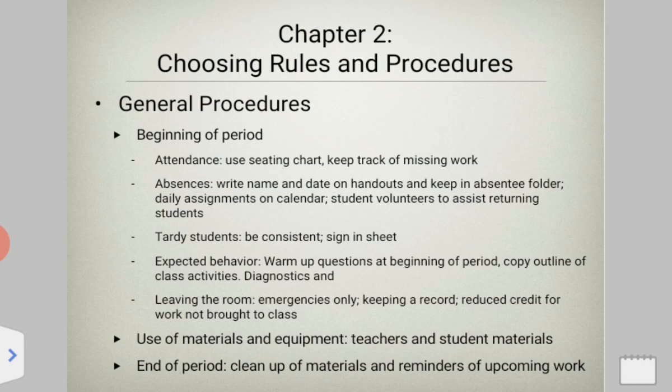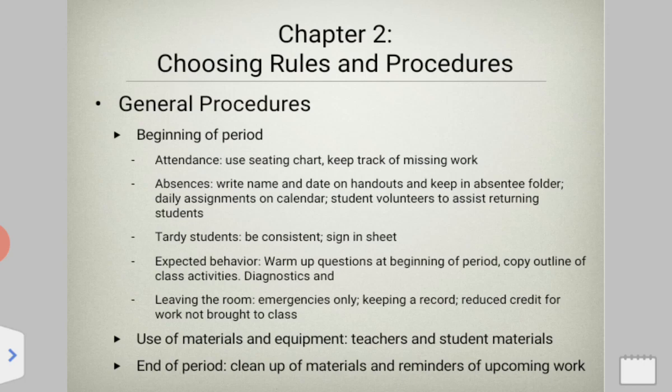And then we have here leaving the room only for emergencies, keeping a record of those who leave the class, and reduce credit for work not brought to class. Okay, this is something that we should manage depending on the school policies, right? What happens with those students who do not respond with the assignments, or those who get late to class?